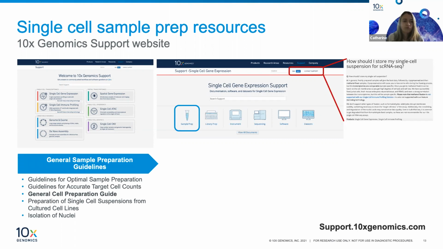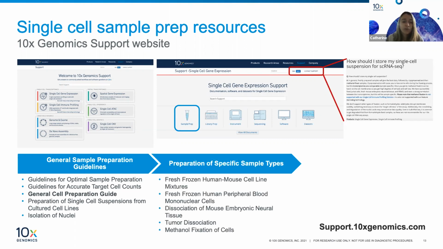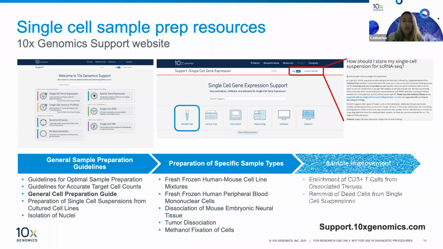We have guidelines around accurate cell counts and so forth. We have demonstrated protocols for preparation of very specific sample types, so you may be using one of these sample types, or you may use this to help design your own sample preparation workflow. And we have some technical notes and demonstrated protocols around sample improvement, including protocols for enrichment of T cells from dissociated tissues and removal of dead cells, for example.